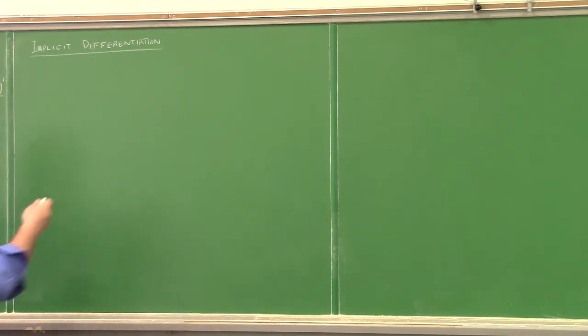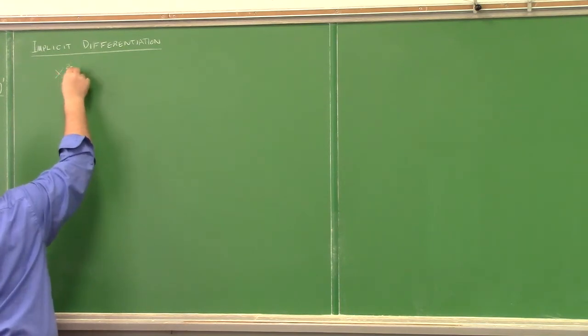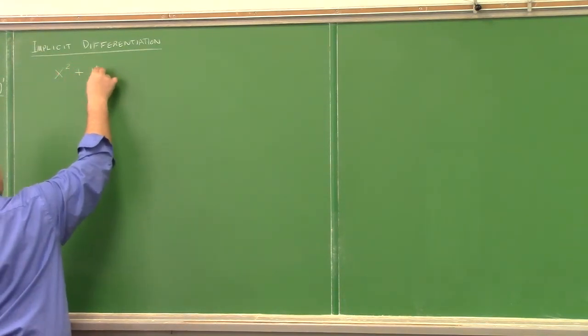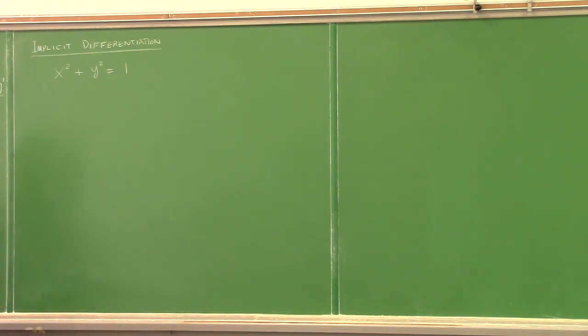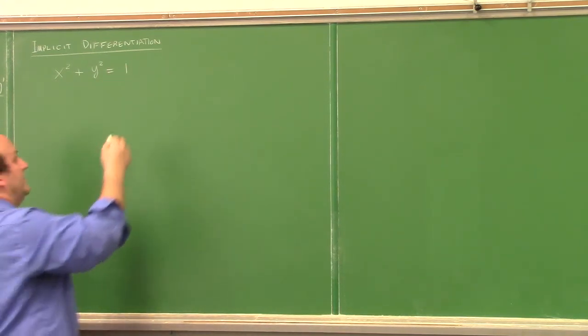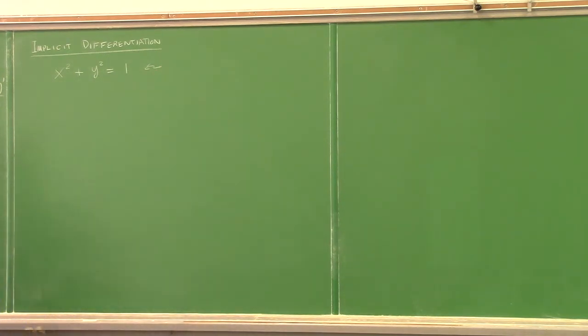If we write x squared plus y squared equals 1, that makes y an implicit function of x.